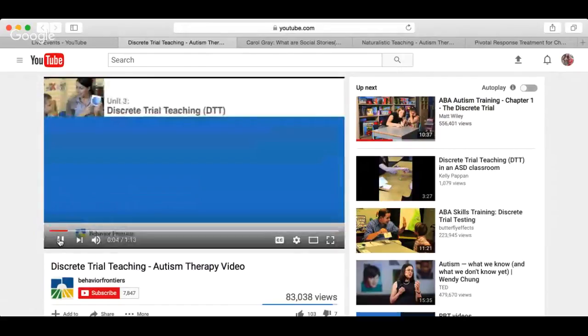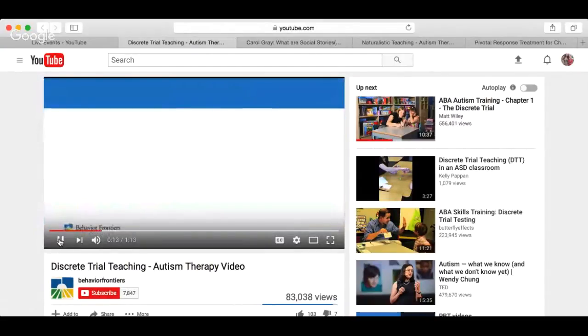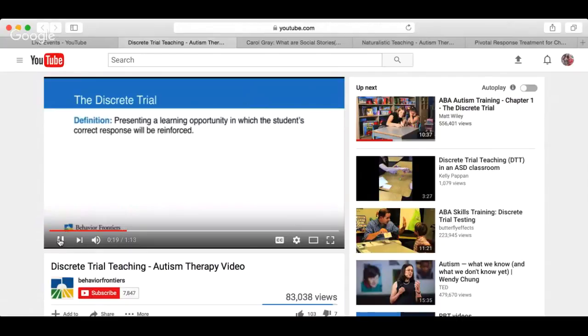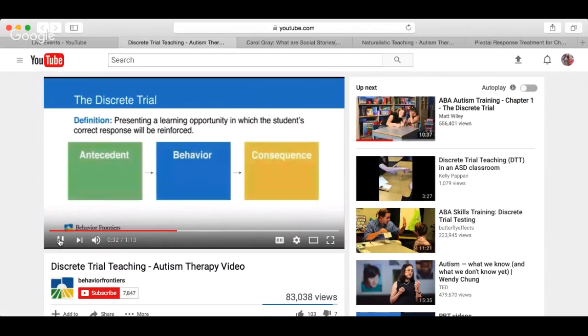Unit 3, Discrete Trial Teaching. Section 1, the Discrete Trial, SD, and Response. In DTT, the discrete trial is used to teach new behaviors. The definition of a discrete trial is presenting a learning opportunity in which the student's correct response will be reinforced. The discrete trial consists of 3 parts which correspond to the ABCs of behavior.